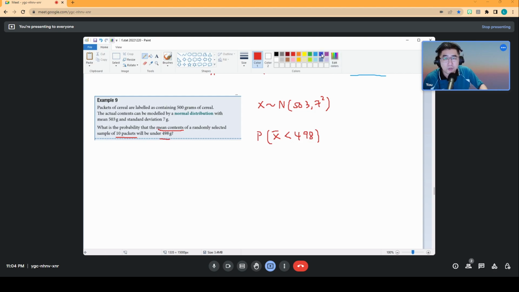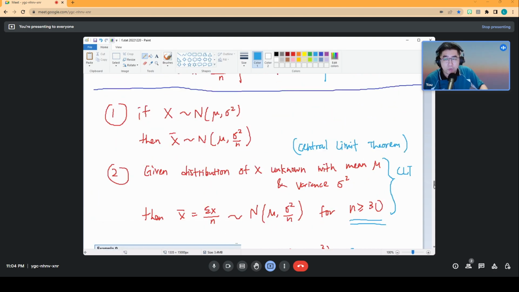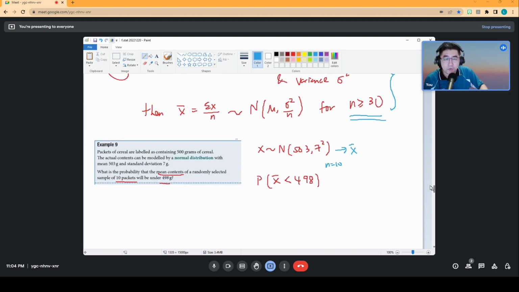To answer this, we need a second piece of information: x bar, with n equals 10. Because the original is already a normal distribution, it just follows our first rule. Then this will also be a normal distribution with mean 503 and variance 7 squared over 10. Then from here we do our calculation.